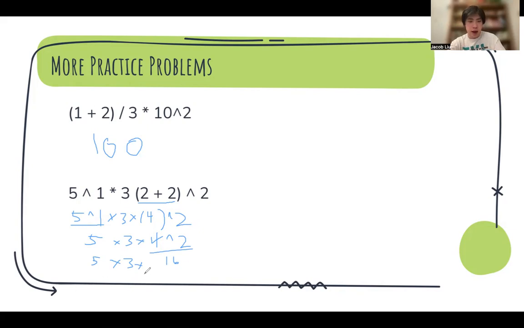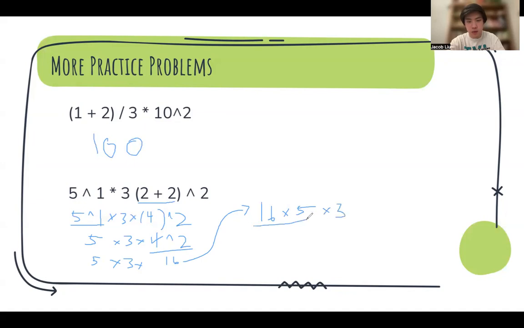Then something cool is that in multiplication, if it's all multiplication or all addition, you can change this order, right? So I actually like to do it like 16 times 5 times 3.